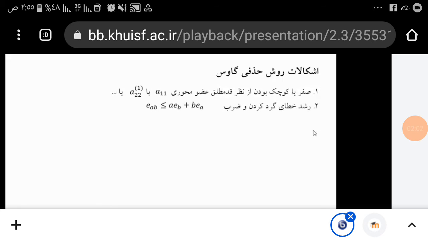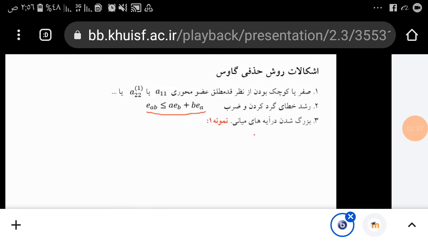Two, we have some error in multiplication. We know the error in A cross B is less than or equal to A cross error of B plus B cross error of A. It's a part of numerical analysis.